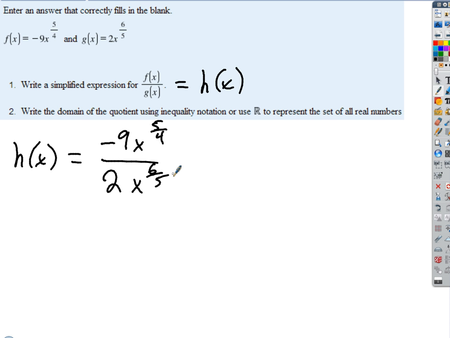Because you're flipping, we want to try to simplify this. Now in this case, the 9 and the 2 don't simplify, do they? But the problem is, now we've got these x's. We've got to simplify the quotient of like bases. We know that when we take a quotient of like bases, we subtract the exponents. And 5/4 is bigger than 6/5, right?